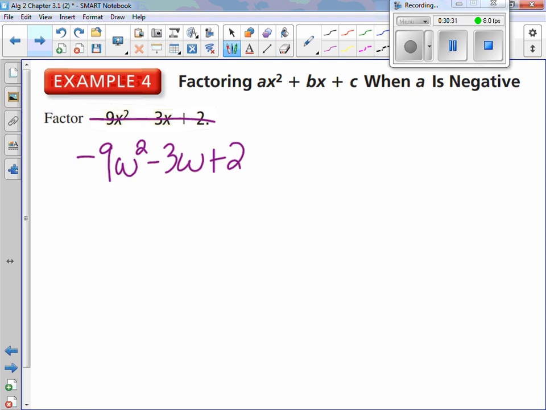As long as the ones we're looking at are the same, 9W, negative 9W squared minus 3W plus 2, it will work. If we had this here, it doesn't factor because W and X are not the same. Because if they're not the same letter, they're not the same variable.